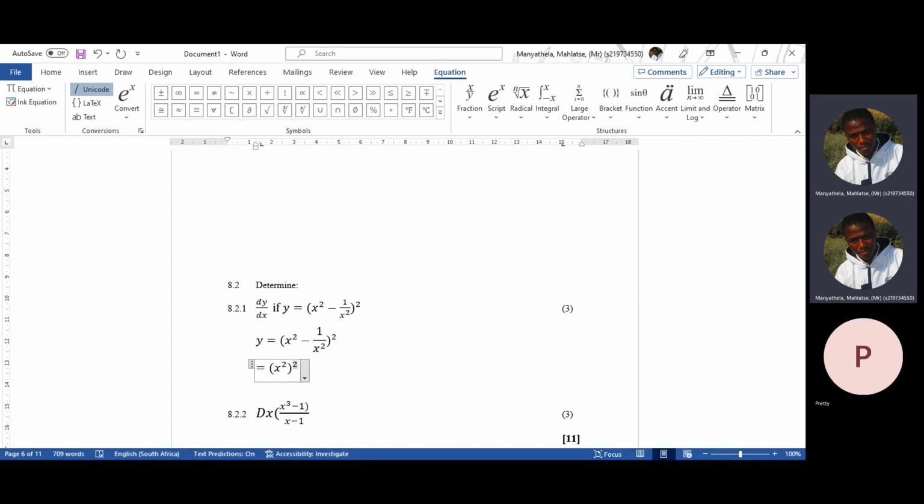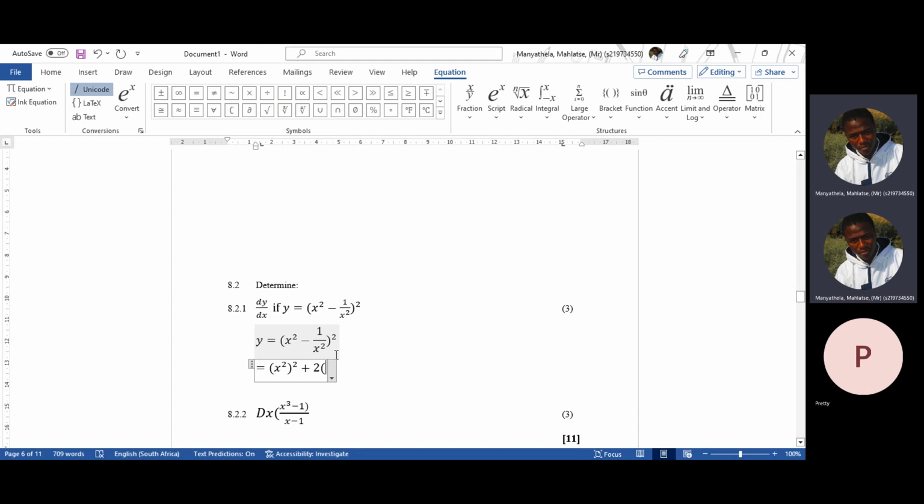It doesn't really matter what you do. And then in the next step, we multiply the terms inside the bracket. The answer that we get, we multiply it by 2. So we're going to have 2 multiplying the terms inside the bracket, which will be x squared multiplied by negative 1 over x squared. The answer is multiplied by 2, and then we square the last term.